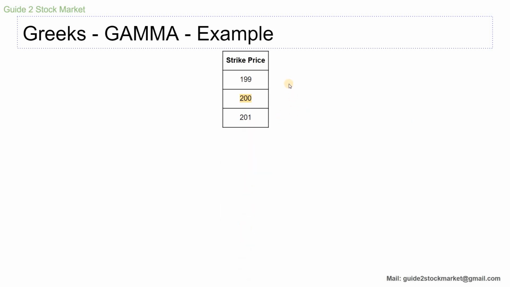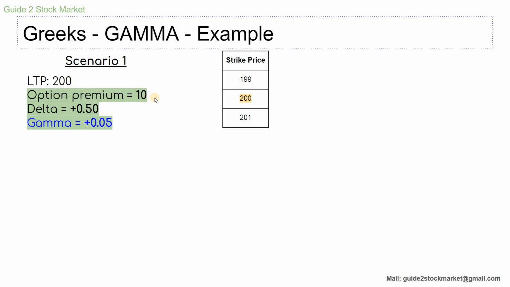Similar to delta, we have considered the latest traded price is 200. So LTP is 200, option premium is 10, the delta is 0.5. This entire setup was already seen in the delta video. The additional parameter we have included here is gamma 0.05.